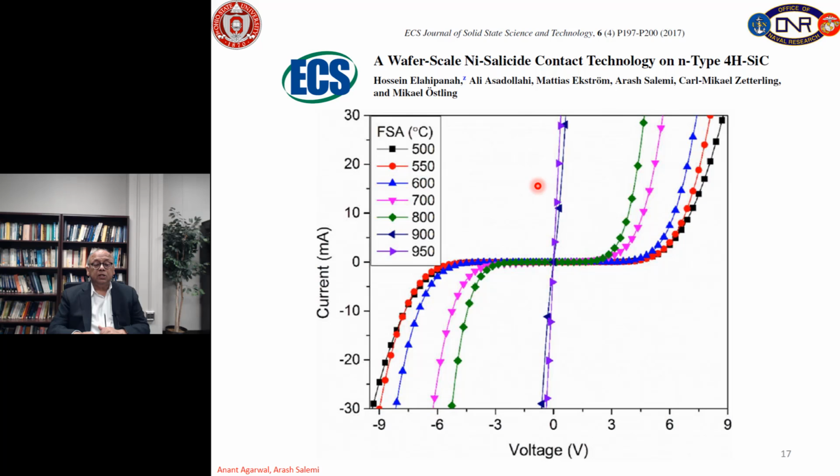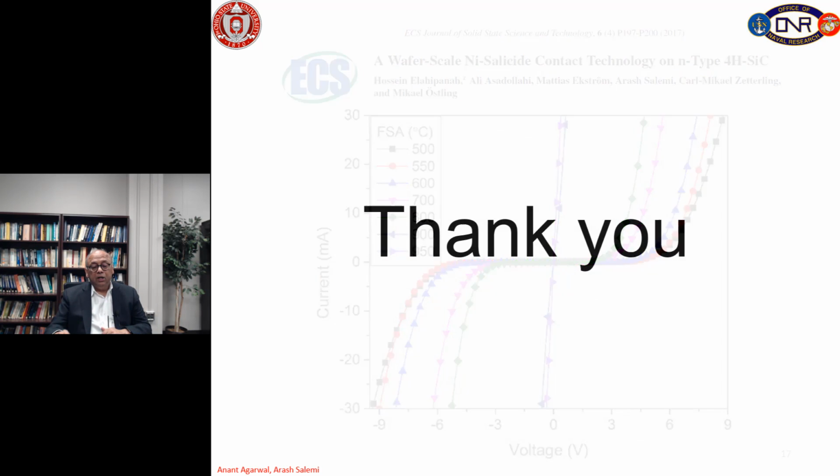Here we have deposited nickel on top of N plus silicon carbide, and we have annealed it at different temperatures from 500 to 950, and you can see as we anneal it at higher and higher temperature, the contacts become ohmic in nature, in the sense they allow free flow of electrons in both directions.